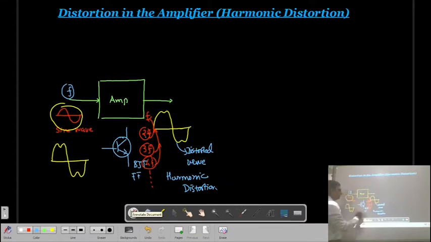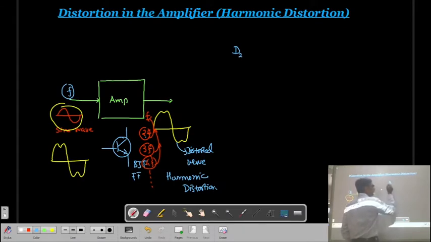So in the output, we have 2F, that is the second harmonic. 3F is the third harmonic. So we can calculate the distortion due to the second harmonic. What is the distortion due to the third harmonic? So here we can write D2. D2 means what? It is the distortion due to the second harmonic.